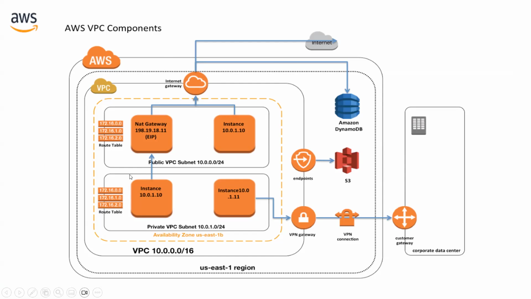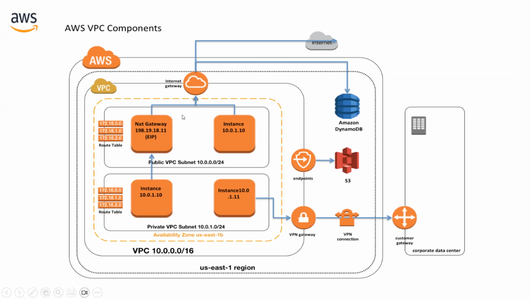Further, you can create another subnet within the same VPC and launch more instances within that subnet. If you do not connect that subnet to the internet gateway, then that subnet will be a private subnet. The subnet we have created as of now is the public subnet, because we have given internet access to that subnet through the internet gateway. For that reason, we can call it a public subnet.